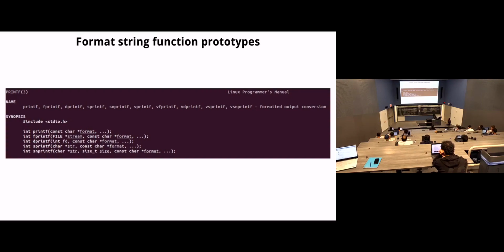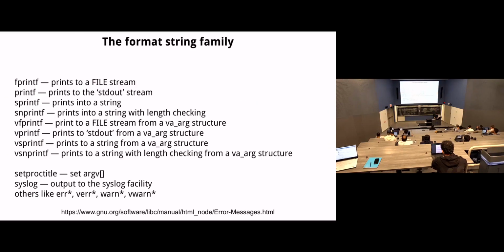Basically, those 2 are the same. Then we have sprintf to print out to a string instead of a file or other places. All of them have a format string, and after that, just the 3 dots, to say there are more arguments.